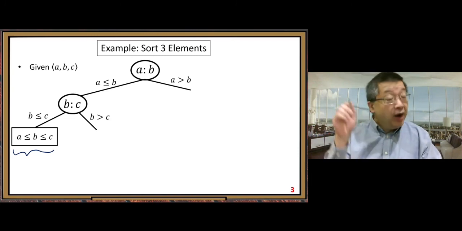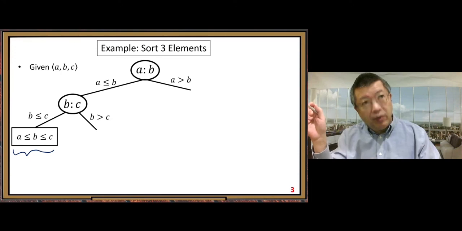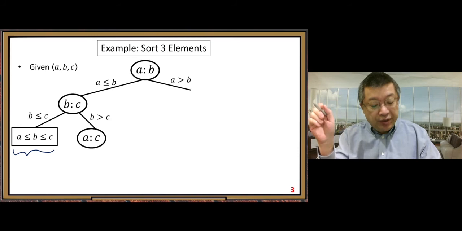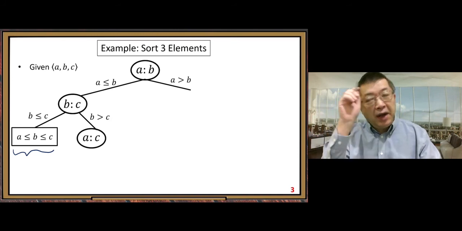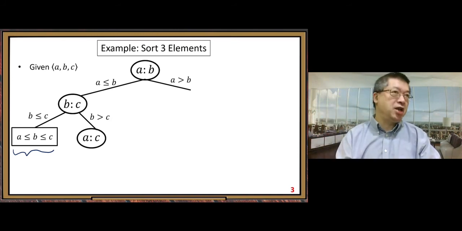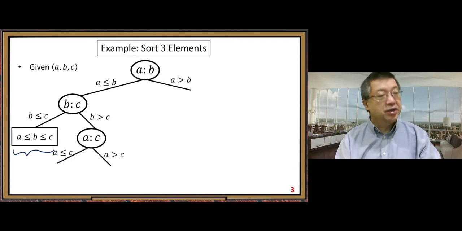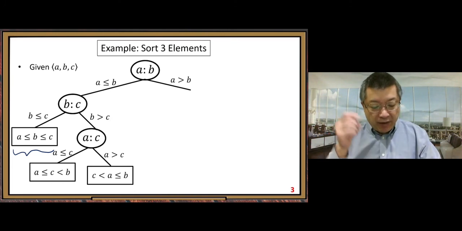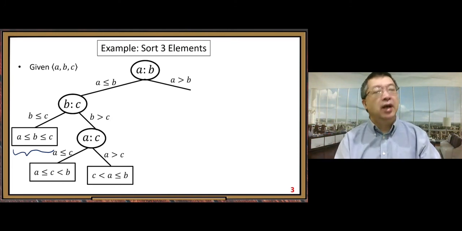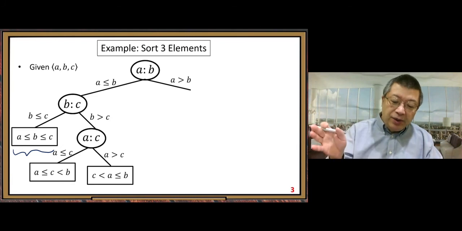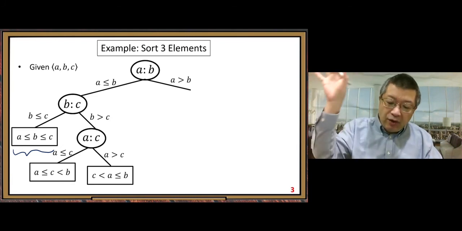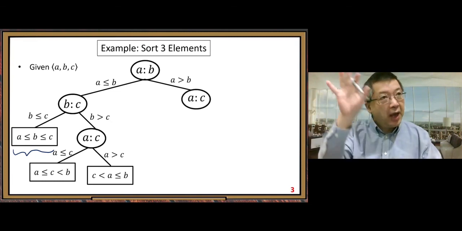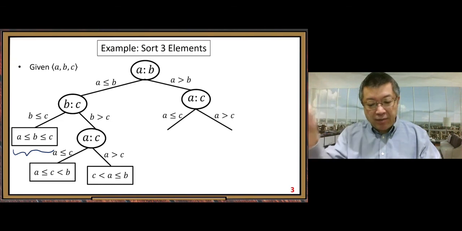Then for B greater than C, the other branch, we do not have enough information. So we need to compare A and C the last time. 2 possibilities. The first one, we have this sorting result. The second one, we have another sorting result. Similarly, we can do the right subtree for A greater than B. This time we compare A and C, 2 possibilities.